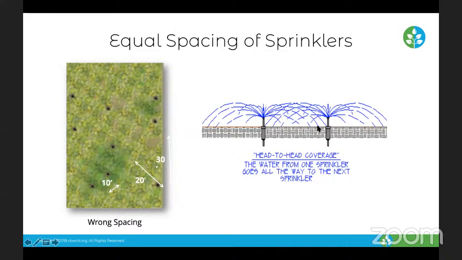It relies on its adjacent sprinkler to spray that with the end of its nozzle footage. So if this was 12 feet, we would need a 12-foot nozzle here and a 12-foot nozzle here. That ensures that this whole area is evenly distributed.